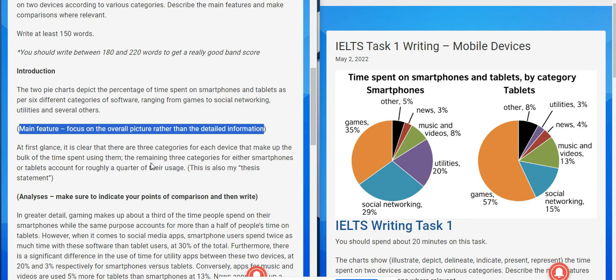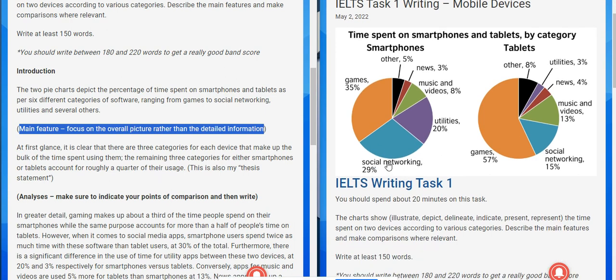The remaining three categories for either smartphones or tablets account for roughly a quarter of their usage. So here the main information talks about the three most important specific details.